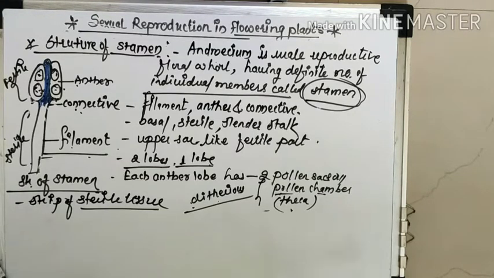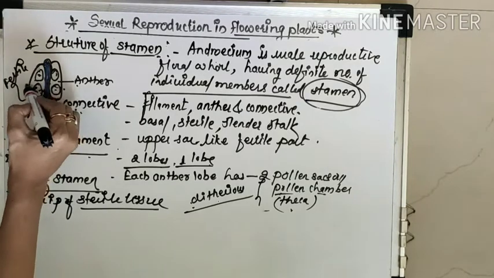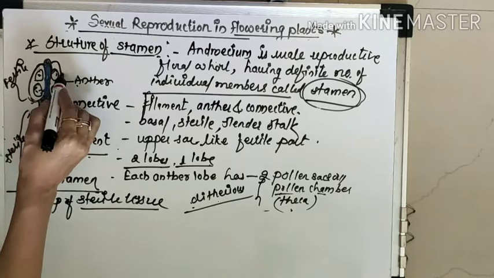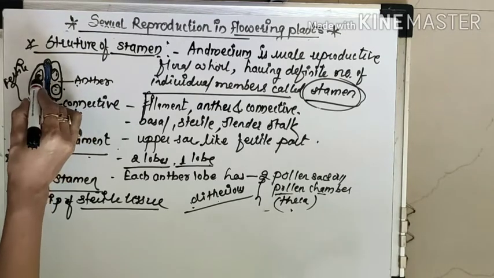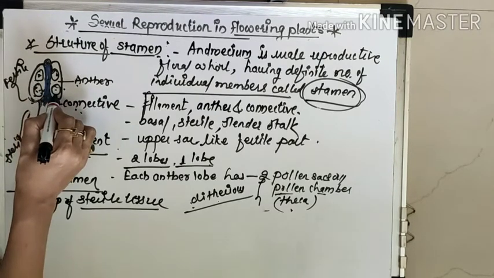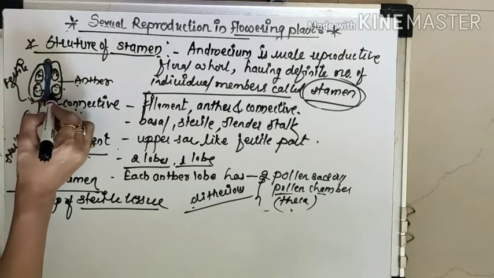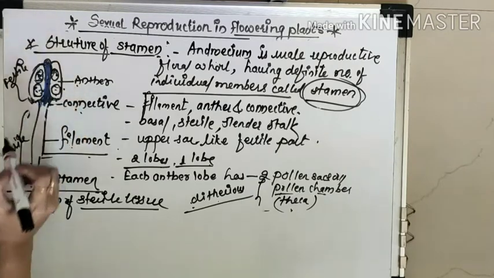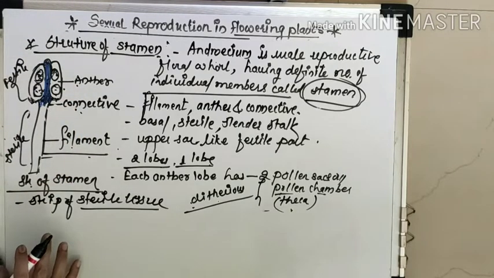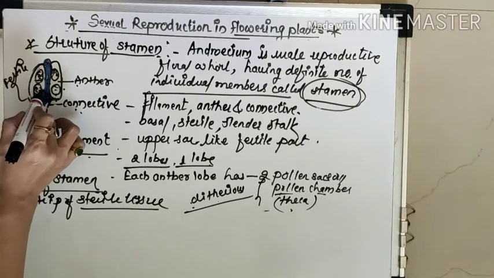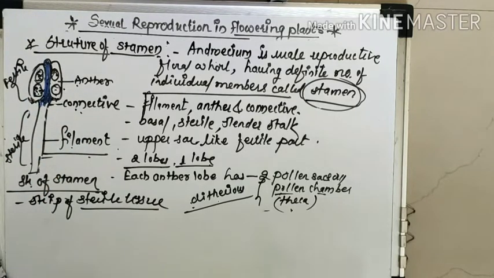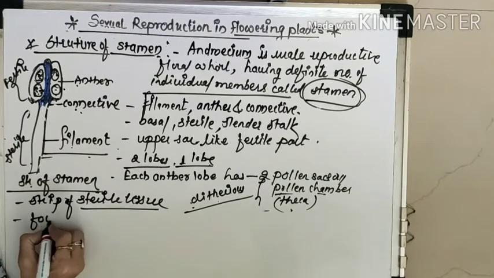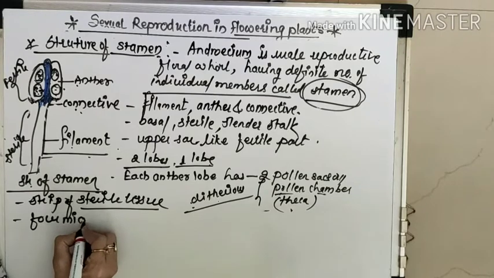The anther is a four-sided structure that consists of four microsporangia. You can see this is the structure of the anther. It consists of 1, 2, 3, 4 microsporangia, two in each lobe.